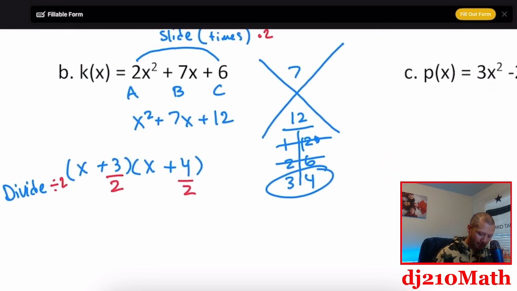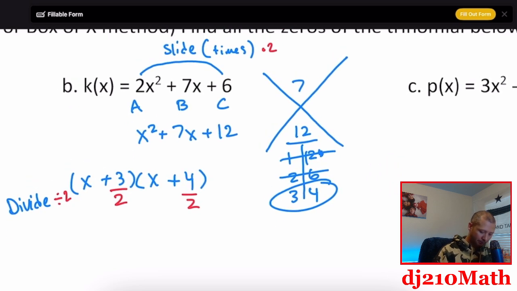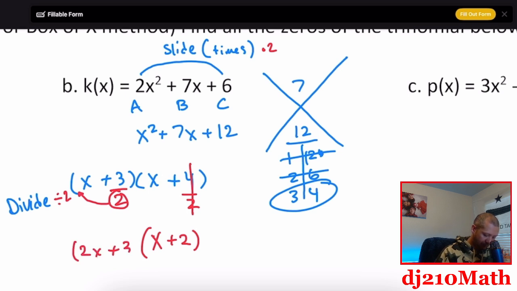Okay, you reduce when possible. So this is going to make x plus 2, right? Because 4 divided by 2. Now, 3 does not divide by 2. So when it doesn't divide, you move the number up. So this is 2x plus 3. So these are the factors.